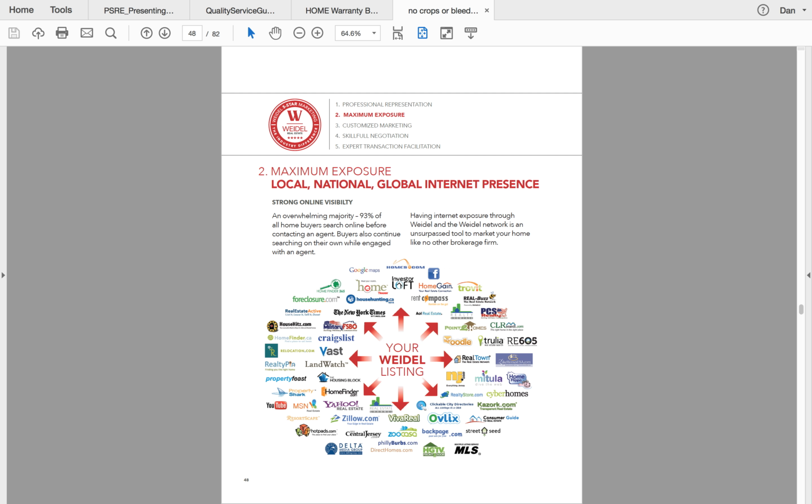So now, instead of talking about the MLS exploding everything out onto the web, what we're saying is when somebody does find it on the web, they revert back to an agent.